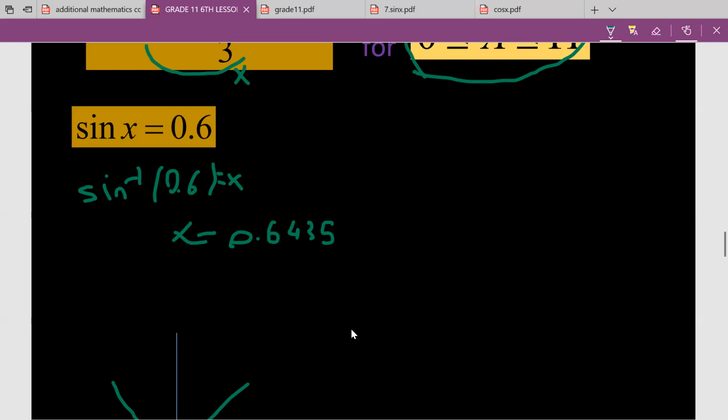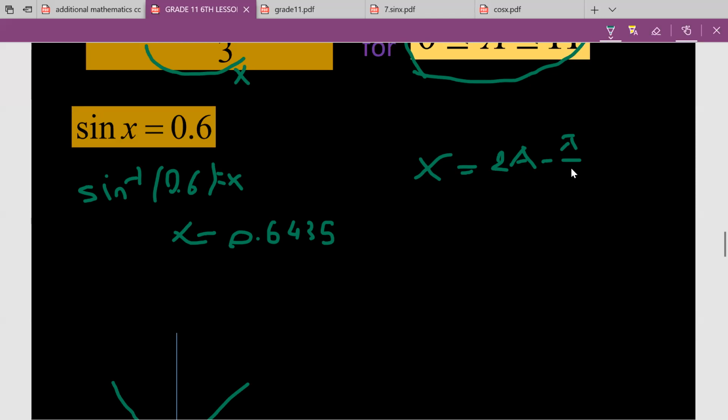Now, what do we do? First, what is x? X is 2a minus pi over 3.